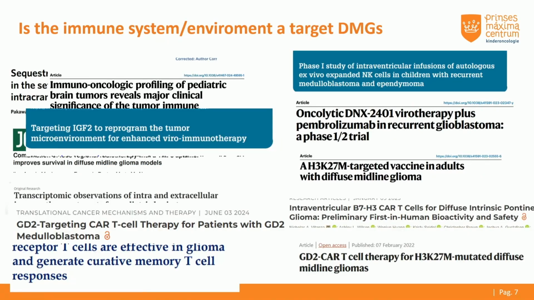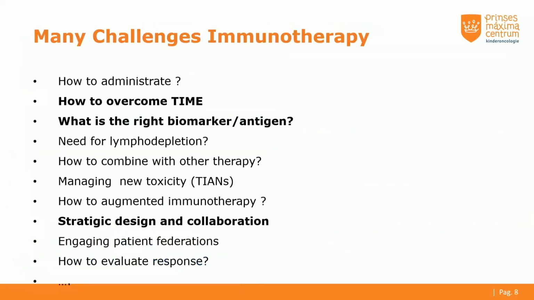Maybe every week you see new papers with new targets in the microenvironment that can be used for immunotherapy. So there's a lot going on, and therefore it is very promising. I think we should move further to see if we can find targets for our population.